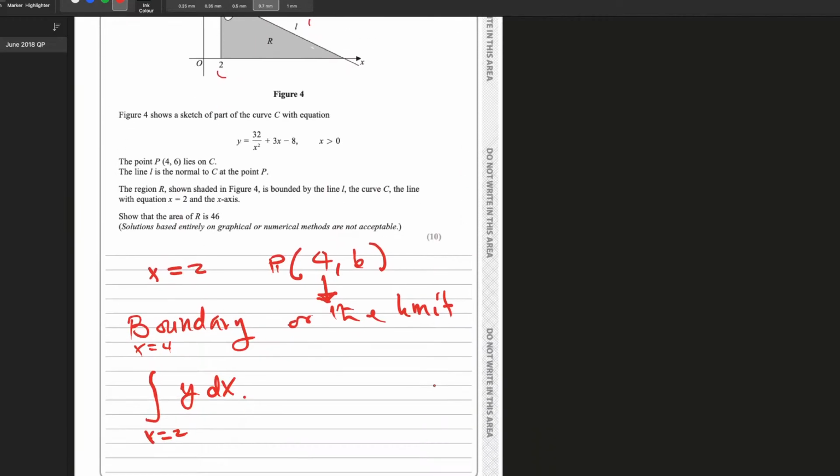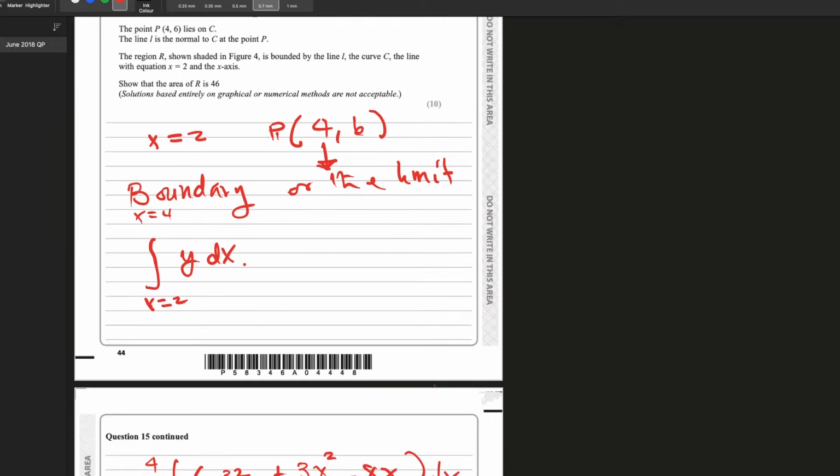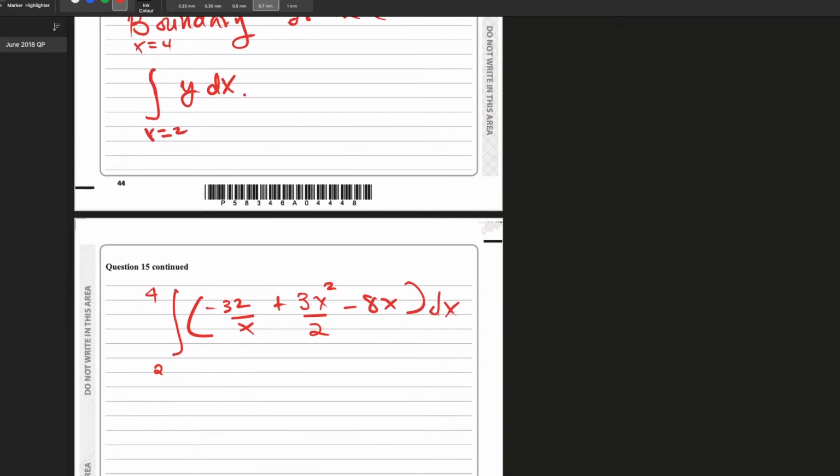Because we know the y value, that will be the integration. So this is what we have to work out. We have to put the limits of 4 and 2 into the integration to be able to solve it.